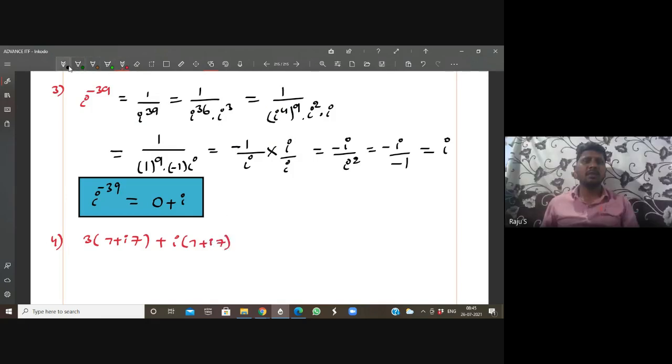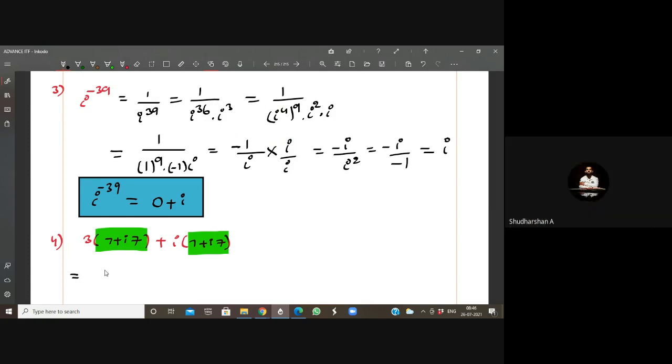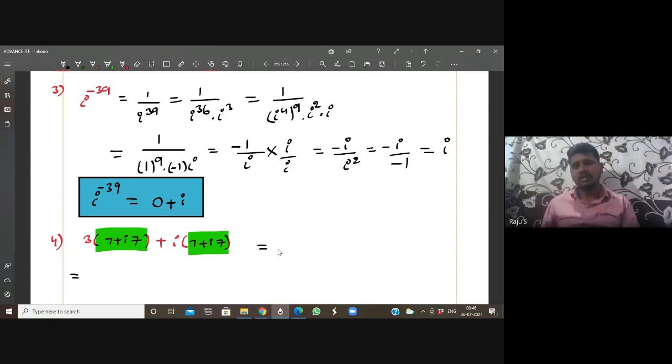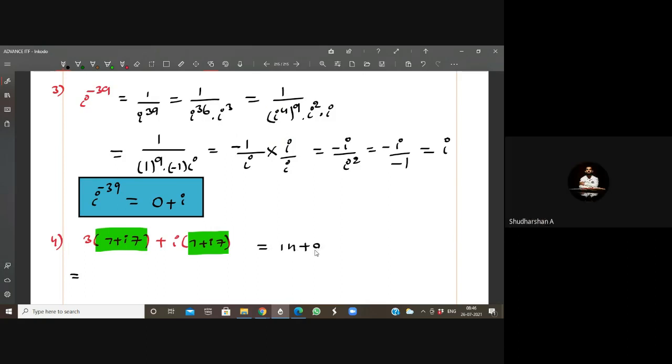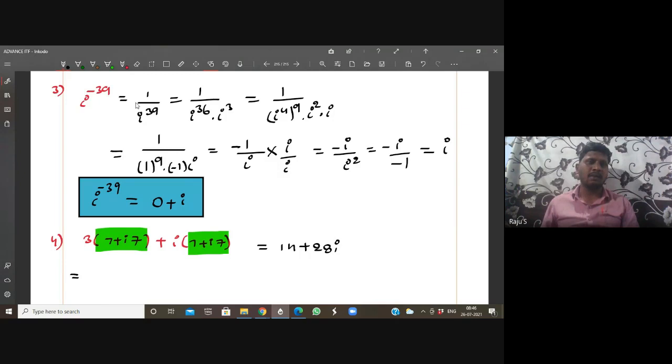So instead of taking common here, you are saying that 7 plus iota into 7 is common. Not required. You can multiply directly. After that 14 also, plus 28 iota. The answer is 14 plus 28 iota.